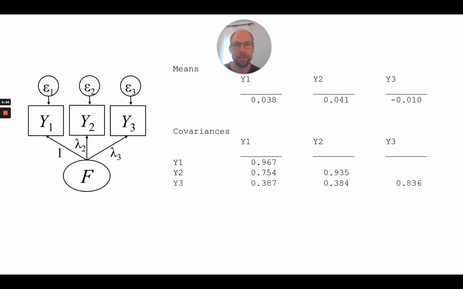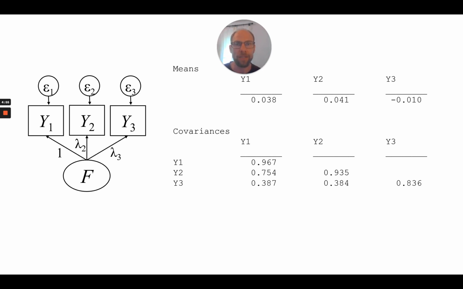But with 3 variables, we only have 9 pieces of information, and this model estimates 9 free parameters, and therefore it is saturated. It uses up all the data. And that implies that we're not putting any constraints on our observed data. For example, this model does not put any restrictions on the means.